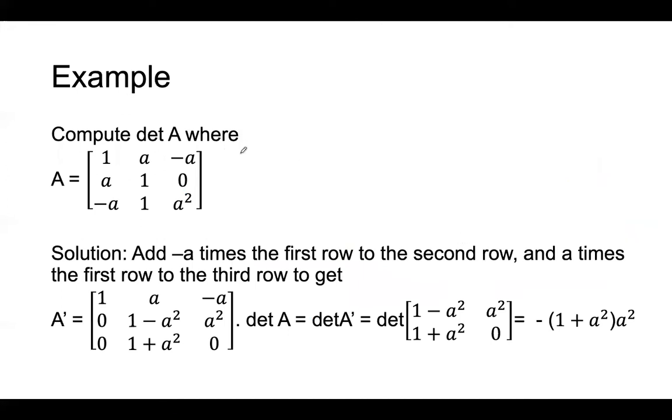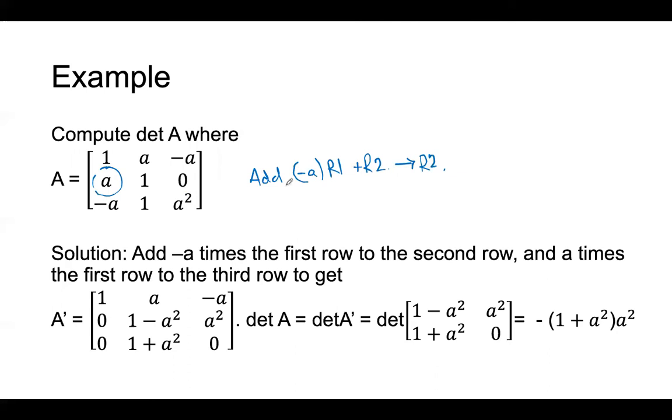Compute the determinant of A for this matrix. We might want to get rid of this A here. So we could add -A times row 1 plus row 2 to row 2.